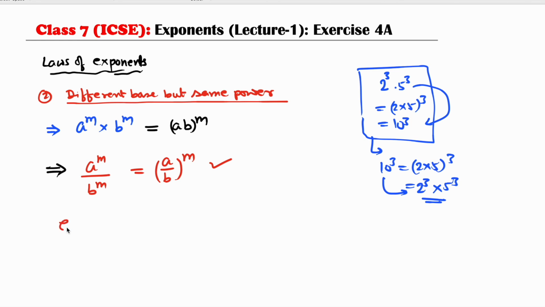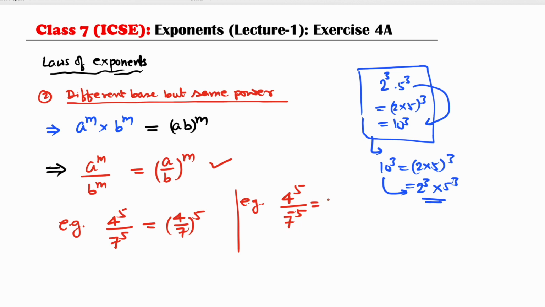Let's do some examples here. Suppose we are given 4 to the power 5 and 7 to the power 5. Then it will become 4 upon 7 to the power 5. Suppose we are given 4 to the power 5 upon 7 to the power minus 5. Then what will we do? First we make the power same.